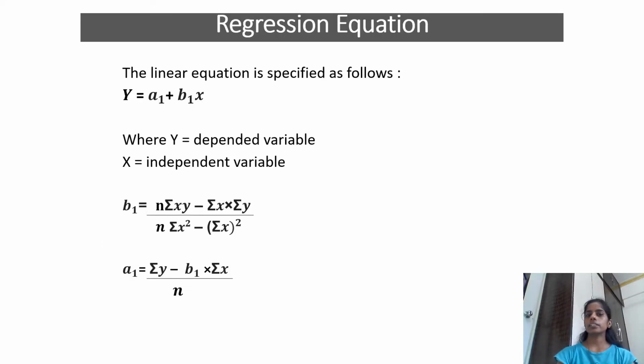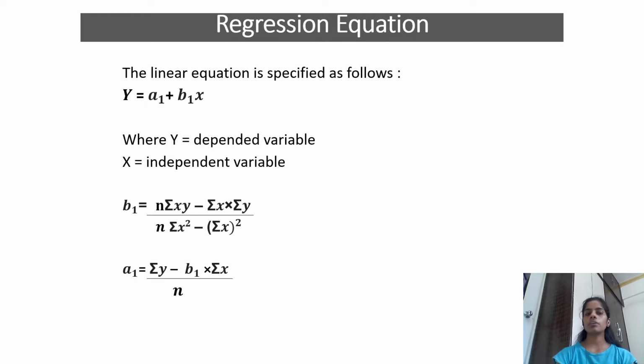Now the next part is the regression equation. The linear equation is specified as follows: Y = a1 + b1x, where y is the dependent variable and x is the independent variable. First we need to calculate b1.